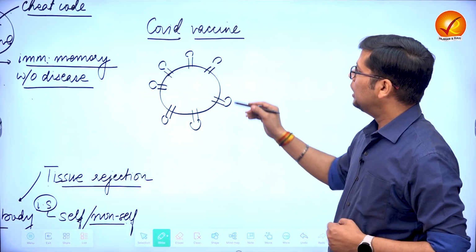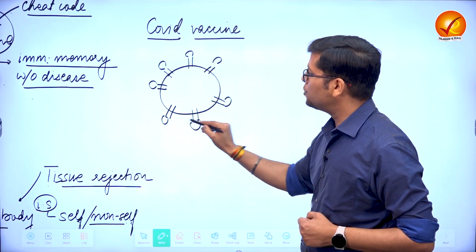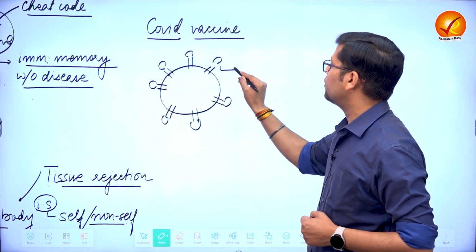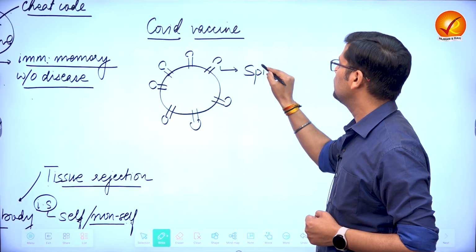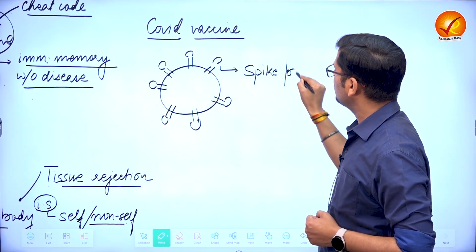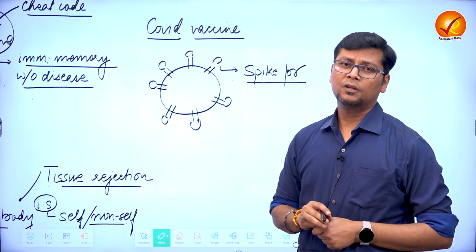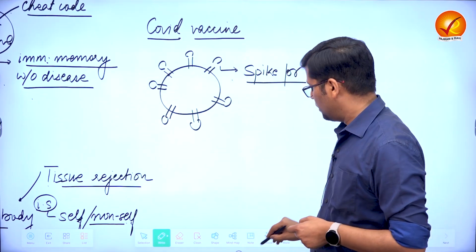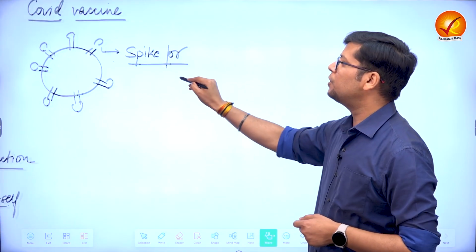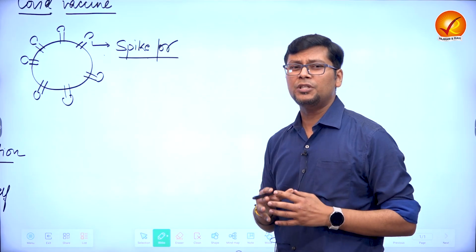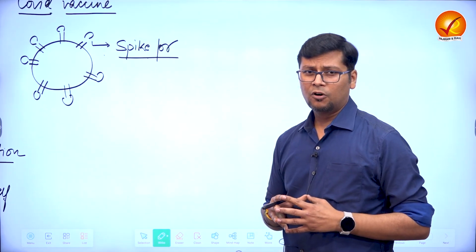People, these surface proteins present on the coronavirus are called spike protein. Spike protein. And these spike proteins are the most identifiable feature of the coronavirus.